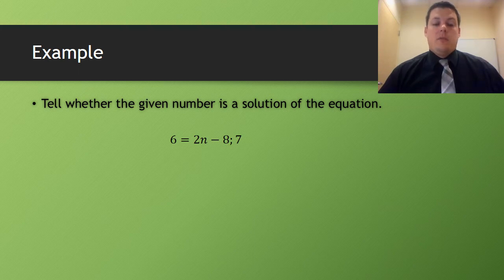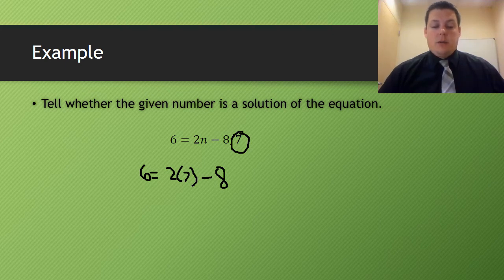Here's another example you might see with equations. It says tell whether the given number is a solution of the equation. The given number is the one written after the semicolon. It doesn't always tell you that n equals 7. It may have the equation, a semicolon, and then the number. So all we're going to do is some evaluation by plugging that number in for the variable and seeing if the equation is true.